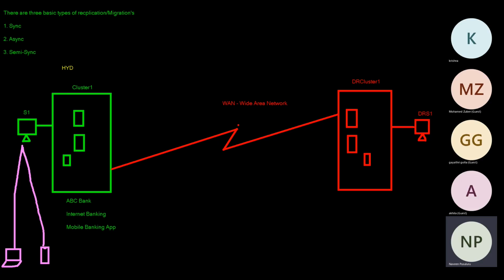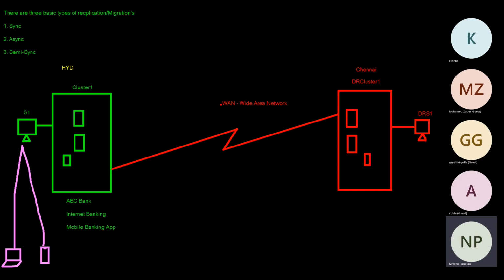We need to purchase a WAN link, for example from Reliance, Tata or Airtel in India, or in other locations from Verizon, Three Mobile, and so on, and configure the WAN between the two data centers. For example, the second location is Chennai, let's assume that. So these two data centers are connected to each other with the help of WAN.